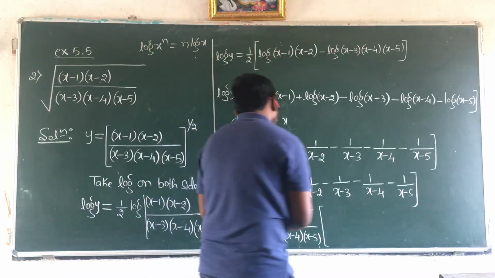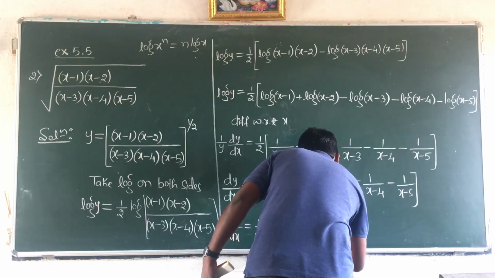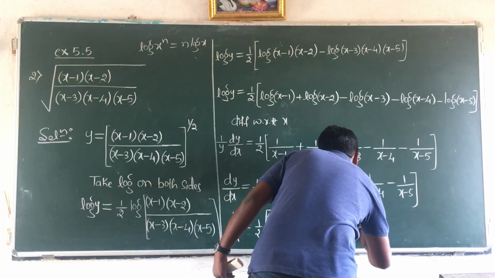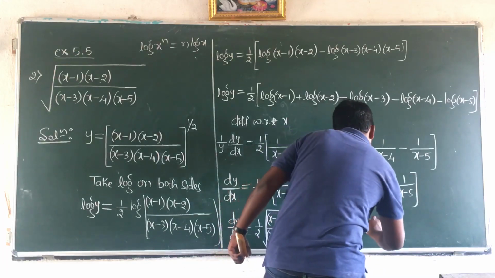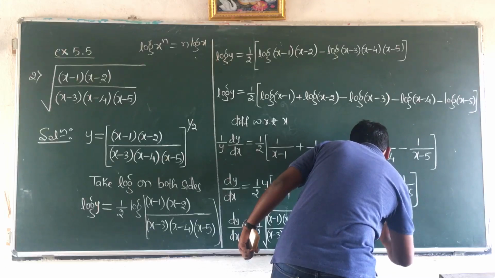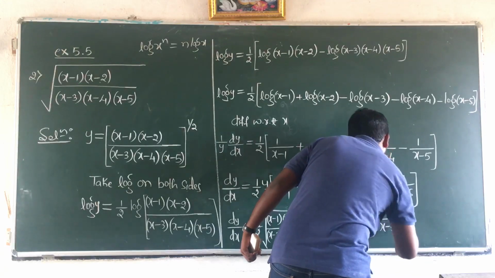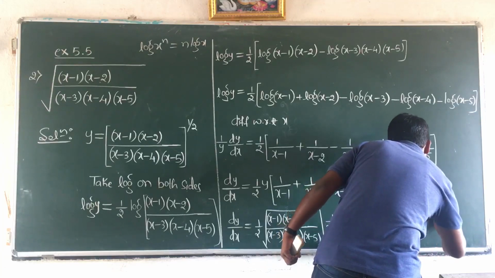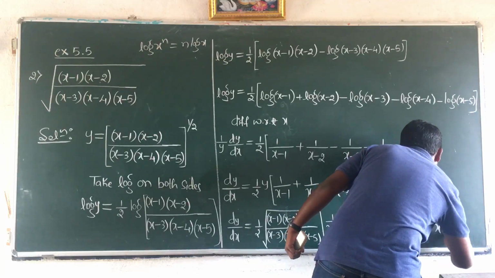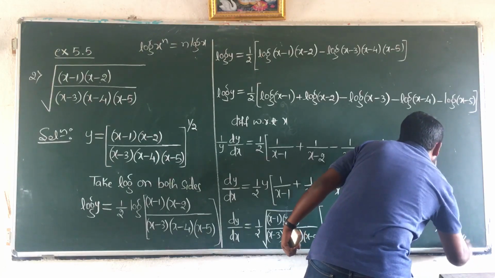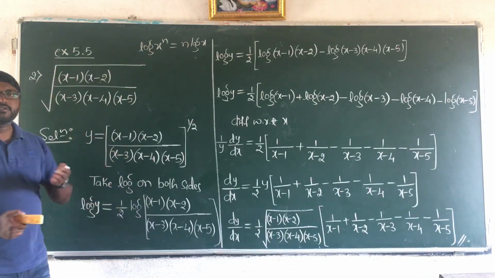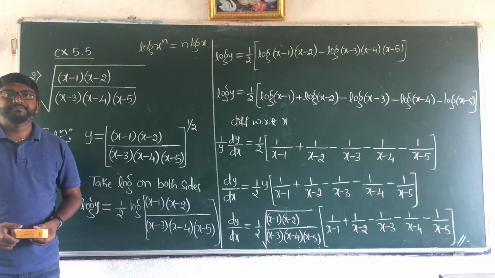So let us write that down. 1 divided by x minus 1 plus 1 divided by x minus 2, then minus 1 divided by x minus 3, then minus 1 divided by x minus 4, then minus 1 divided by x minus 5. So this is all about the second problem. So pause the video to note it down.